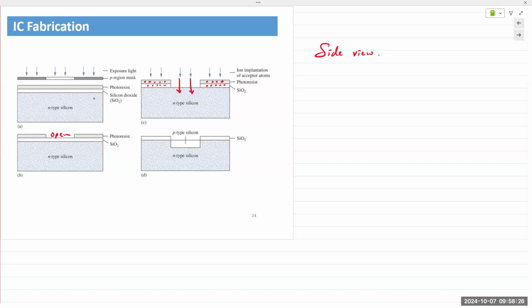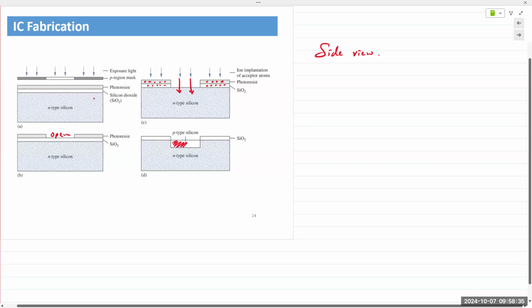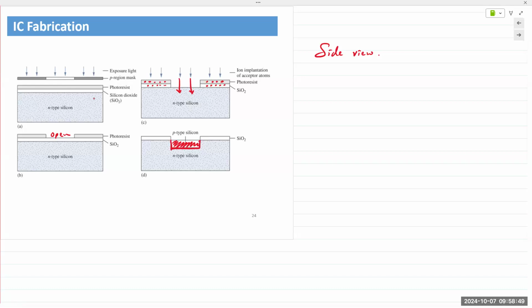So you're going from the top, and that's why you see those different designs. When you look, you see those squares, each one of those is a chip. So now here is our P-type silicon making contact with our N-type silicon right here. And thus we have a PN junction right there. This is important to remember. In actual devices, you have one type of material below, and from the top, you're implanting a second one.